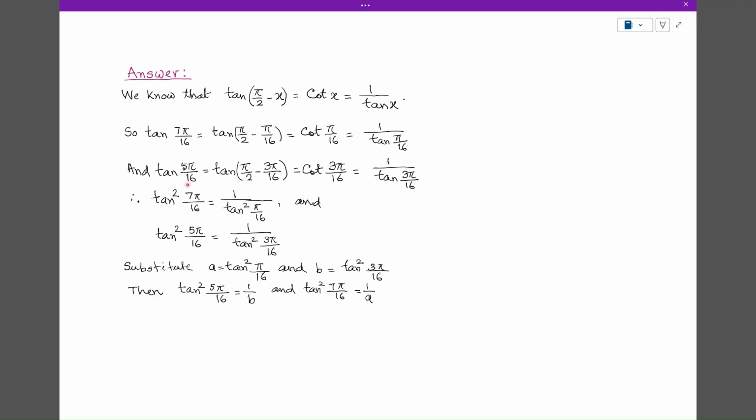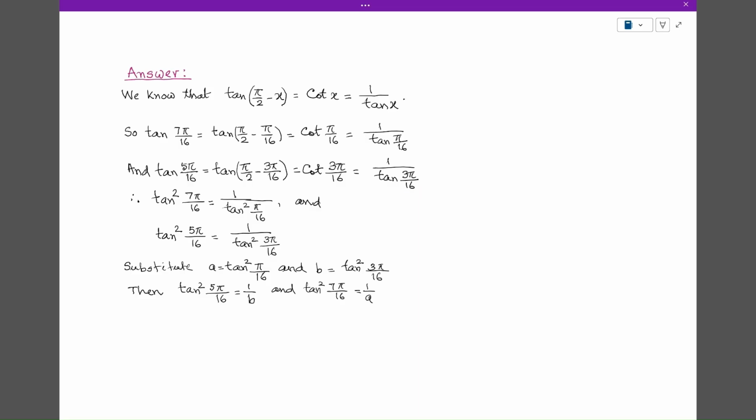And tan 5 pi by 16 is equal to tan pi by 2 minus 3 pi by 16, which is equal to cot 3 pi by 16, and that is equal to 1 divided by tan 3 pi by 16.